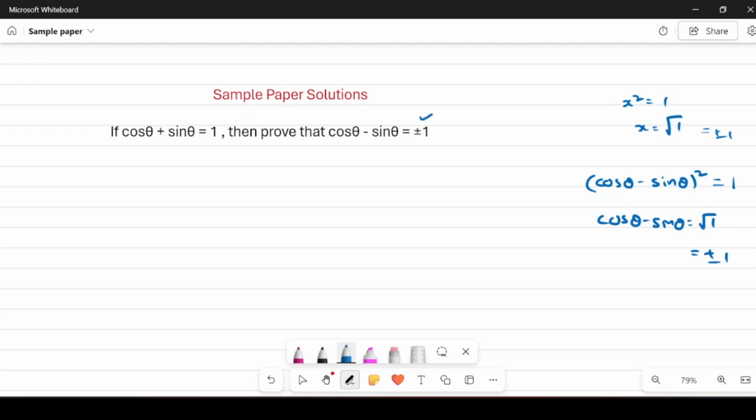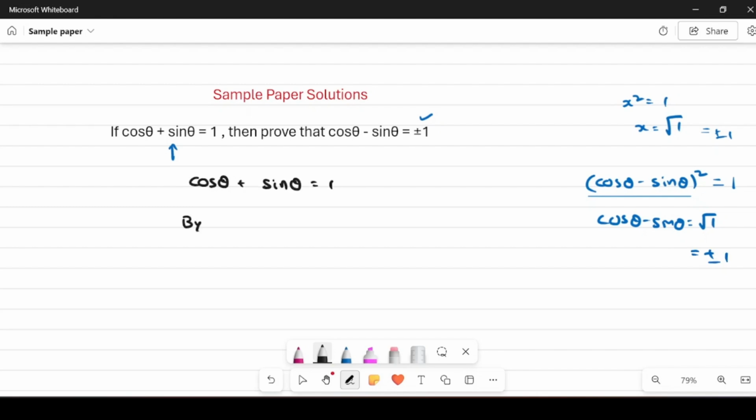So somehow by using the given data cos theta plus sin theta is equal to 1, we need to get cos theta minus sin theta whole square is equal to 1. Okay, let's see. We have cos theta plus sin theta is equal to 1. So square on both sides.